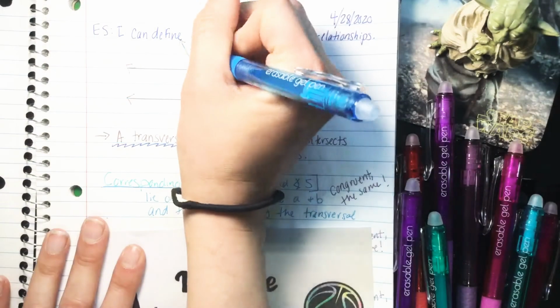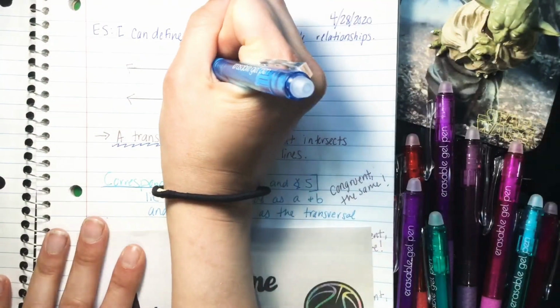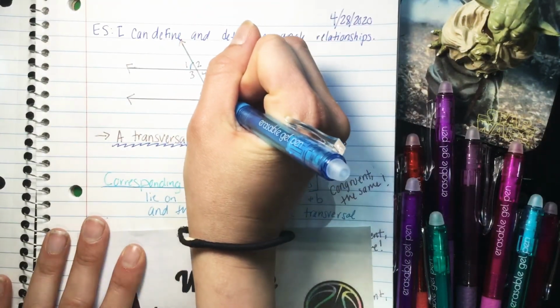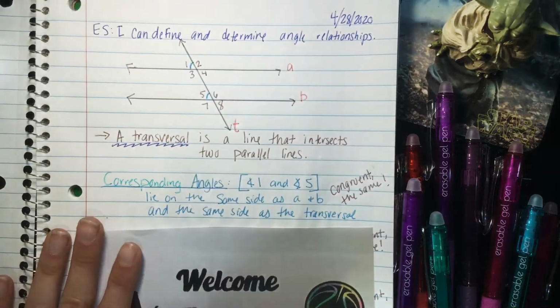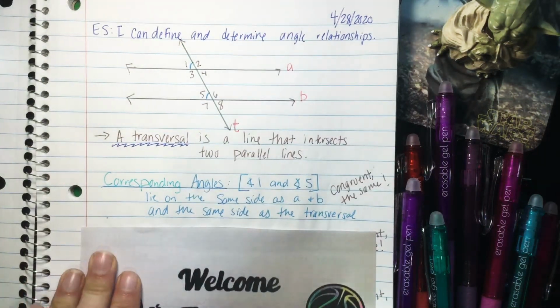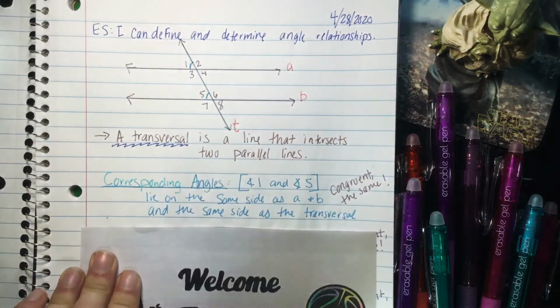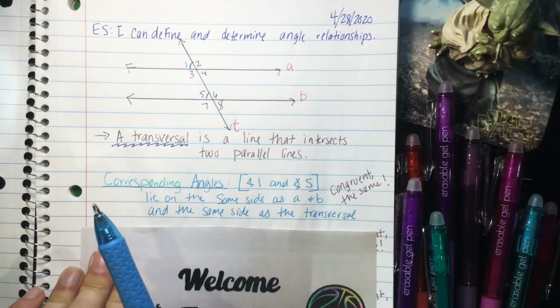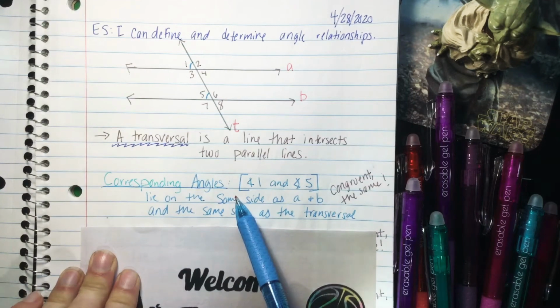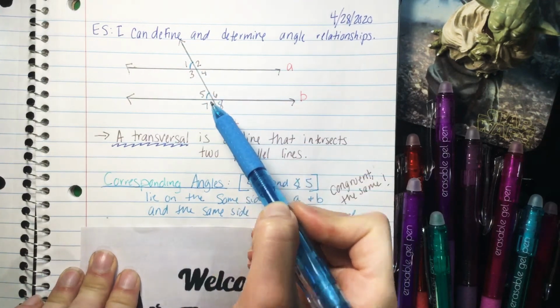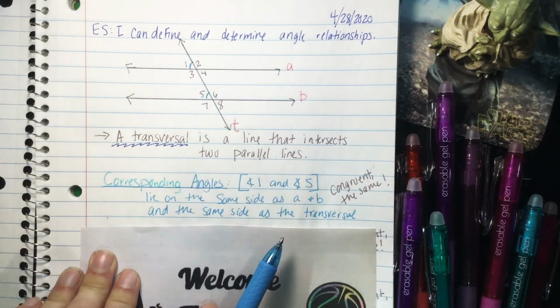Okay, so angle 1 and angle 5, those are congruent. They're corresponding angles and are congruent. And this symbol right here, and I'm going to make it blue because it's similar to corresponding angles, means they are the same.